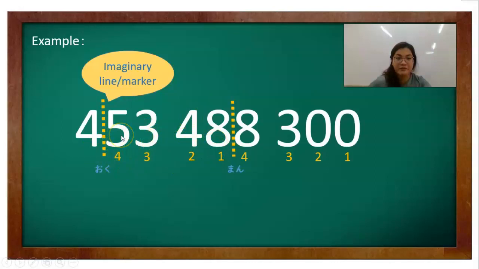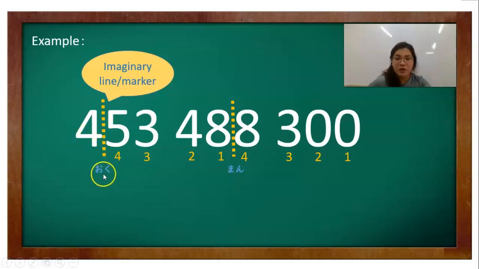5,348. So that would be 5,000 is gosen, 300 is sanbyaku, 40 is yonjuu, 8 is hachi. So that would be gosen, sanbyaku, yonjuu, hachi. And then you put man. Okay, so another 4.